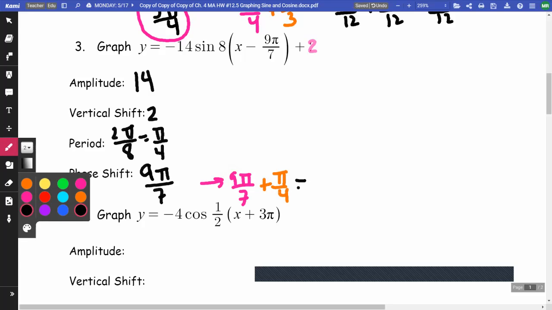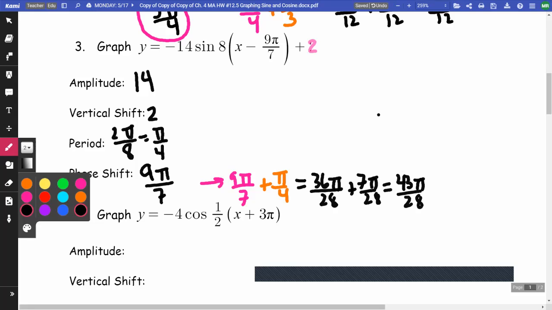And so we're going to have, let's see, 36 pi 28ths plus 7 pi 28ths. And we're going to end at 43 pi 28ths. That's where we're going to end.